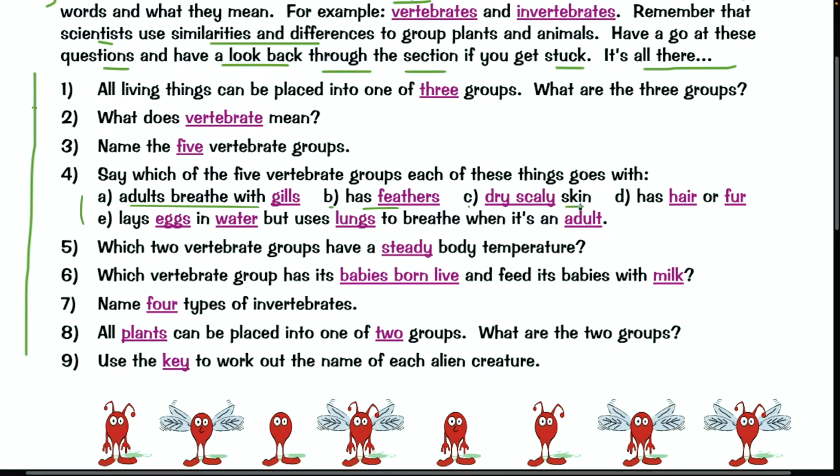D, has hair or fur. E, lays eggs in water but uses lungs to breathe when it's an adult.